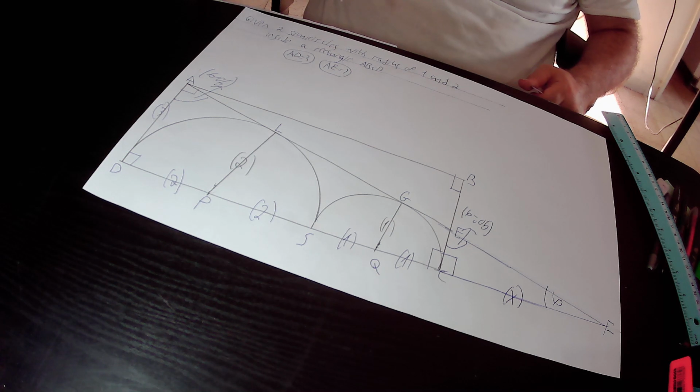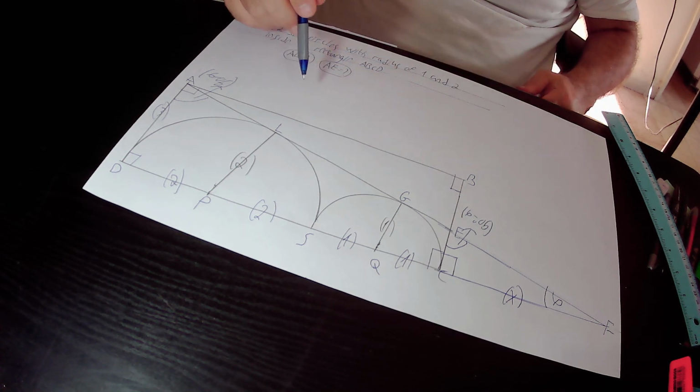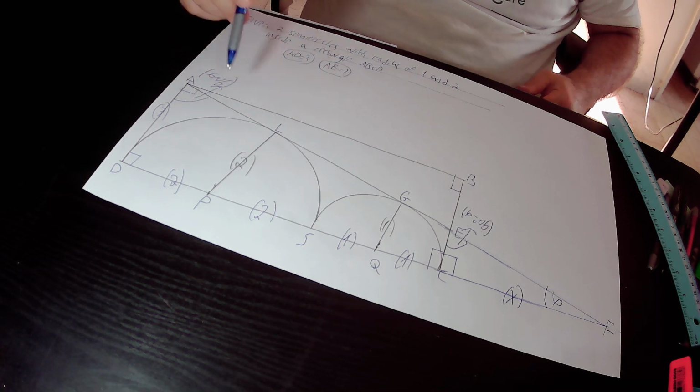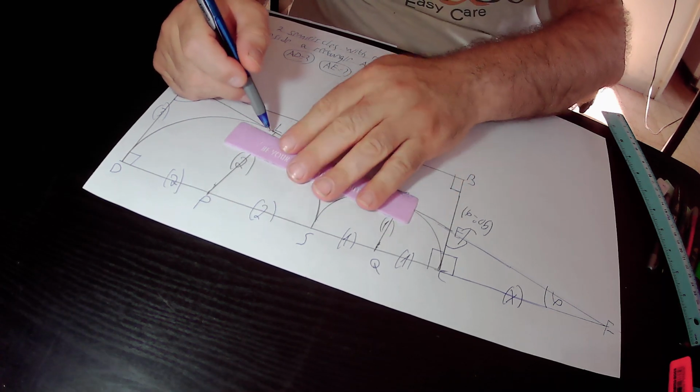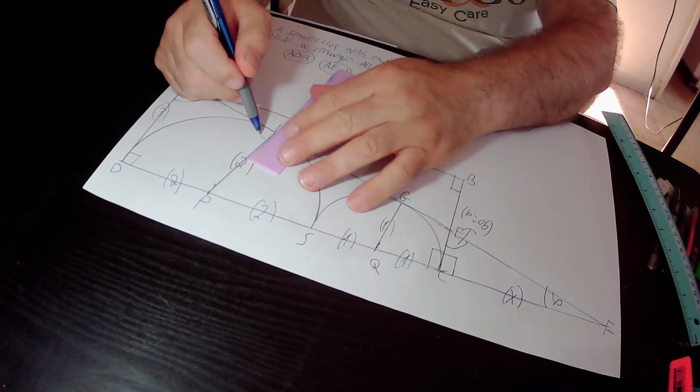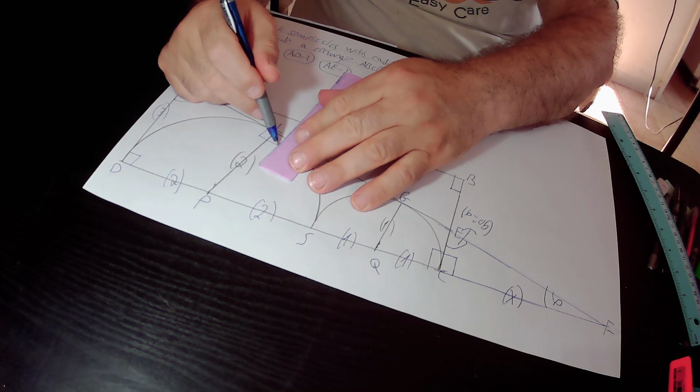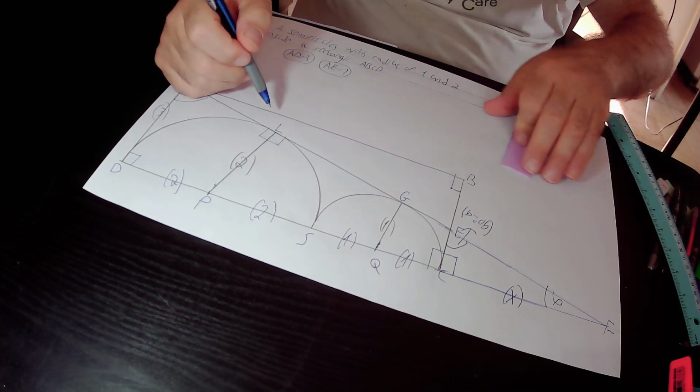And whenever you have a radius drawn to the point of tangency, then tangent AE will be perpendicular to the radius LP. If AE is perpendicular to LP, it means that this angle equals 90 degrees, and this angle also equals 90 degrees according to rule 1.